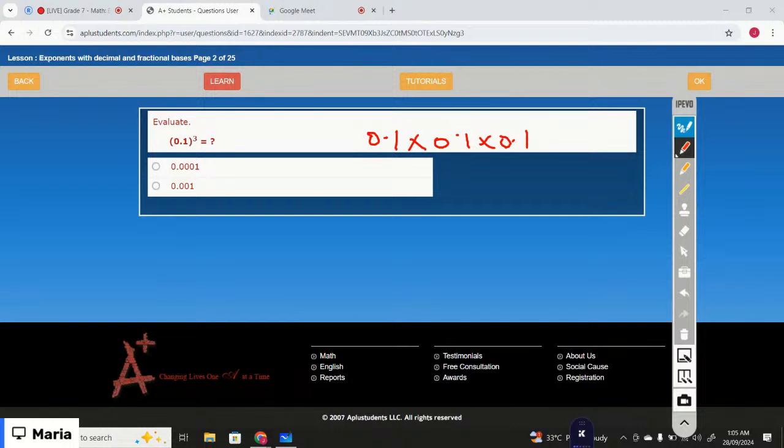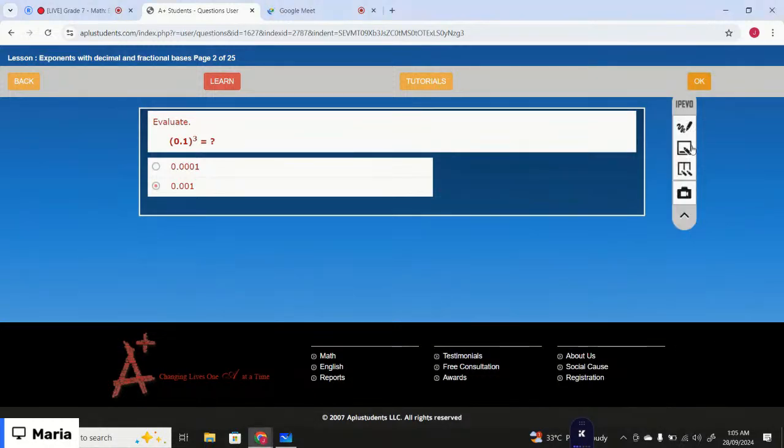So you have three decimal places, 1, 2, 3. So that would be 0.001. Option number 2 is the correct option. The product must have three decimal places, right?